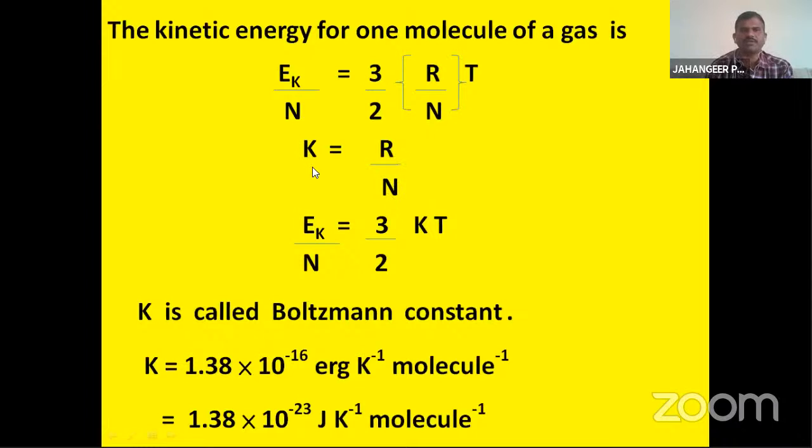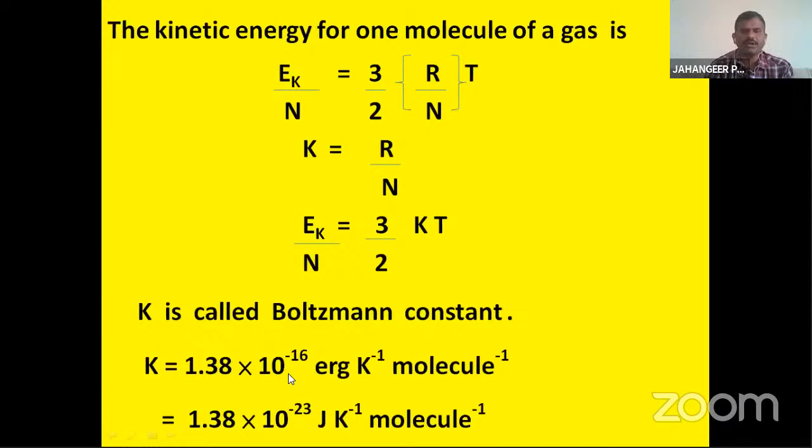R by n is considered as another constant K. K is called the Boltzmann constant, and its value is 1.38 into 10 to the power of minus 16 erg Kelvin inverse molecule inverse, or 1.38 into 10 to the power of minus 23 joule Kelvin inverse molecule inverse.